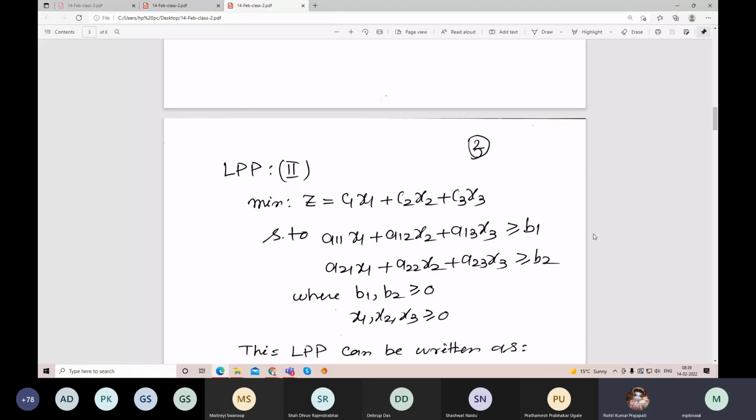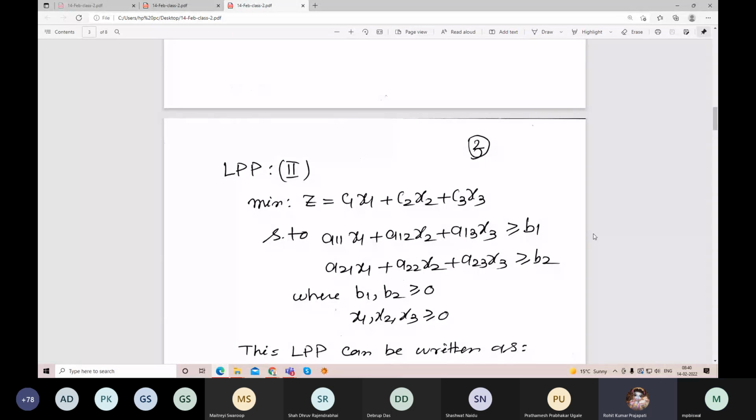Now if you include them, what will happen? One surplus, one artificial, so there are 2 plus 2, 4. 4 plus 3, how many? 7. 7C2 or 7C5; 7C2 means 7 into 6 divided by 2.